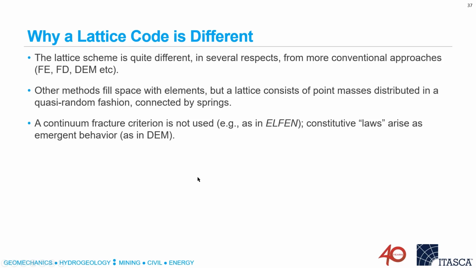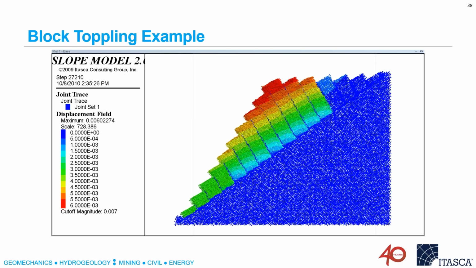We don't really have a continuum fracture criteria, but each of the springs has a tensile failure and a shear failure mode. And so the overall behavior then emerges as the constitutive relation of the material. So here, this particular lattice model that Itasca has developed is called Slope Model.